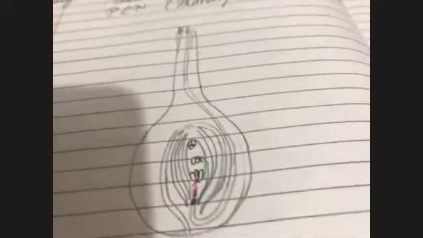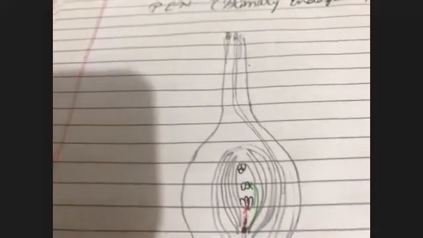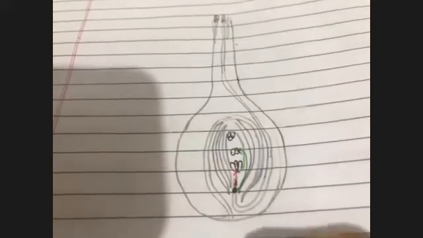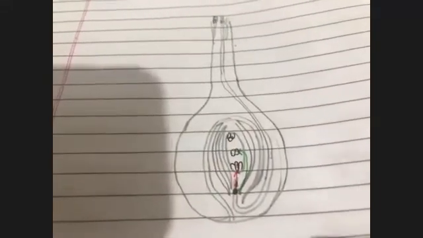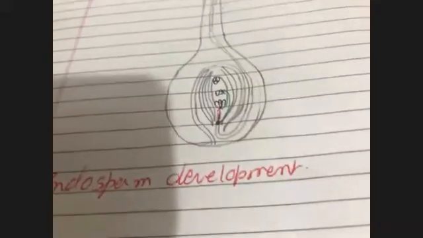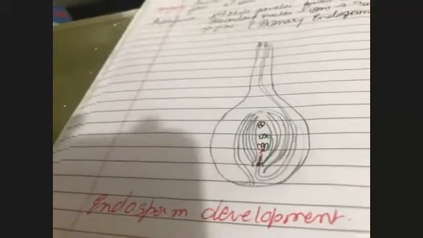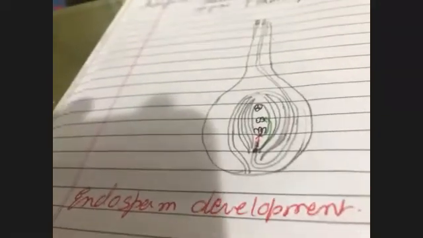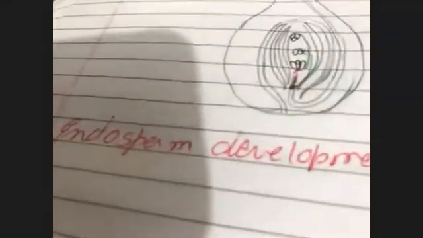क्योंकि वही हो सकेगा, एम्ब्रियोलॉजी का नहीं हो सकेगा, इसके लिए वो नहीं स्टार्ट कर रही हूँ. एंडोस्पर्म डेवलपमेंट. When one male gamete is fusing with the secondary nucleus, it is forming a triploid structure called primary endosperm nucleus.